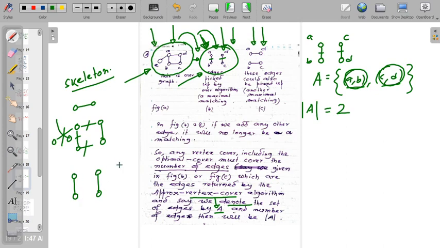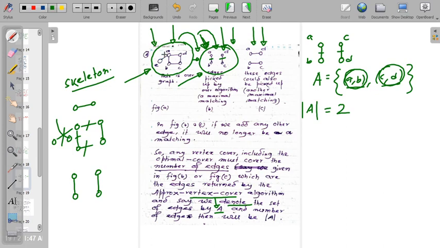Are you getting? So the construction of our algorithm, approx vertex cover, is giving the maximal matching, because that matching is in no way a proper subset of any other matching, as no other edges are incident on this.